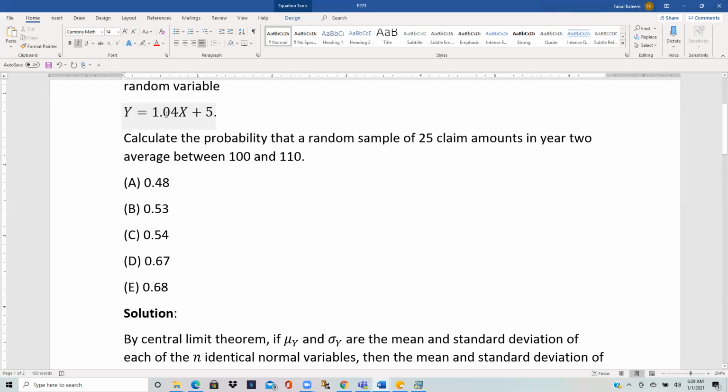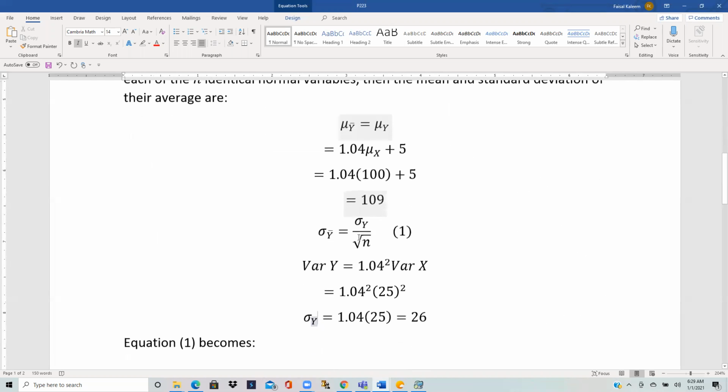So the variance of Y will just be 1.04 squared times the variance of X. The standard deviation of X was 25, so the variance of X is 25 squared. The standard deviation of Y is the square root of the variance, so that's 1.04 times 25, which is 26.